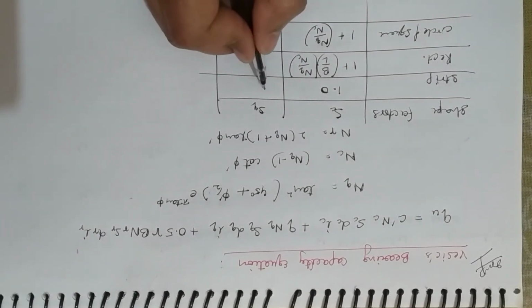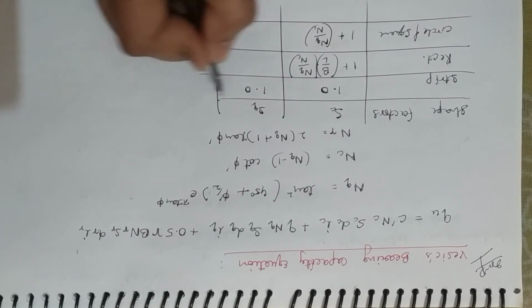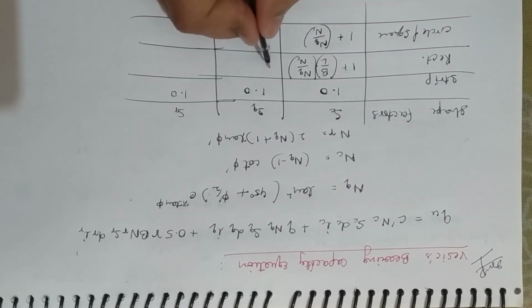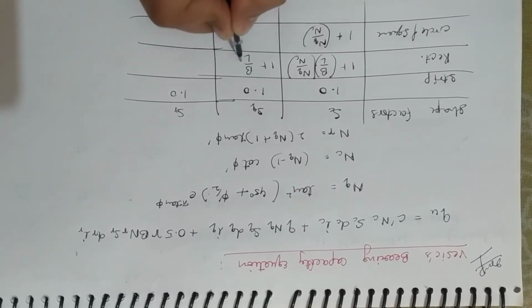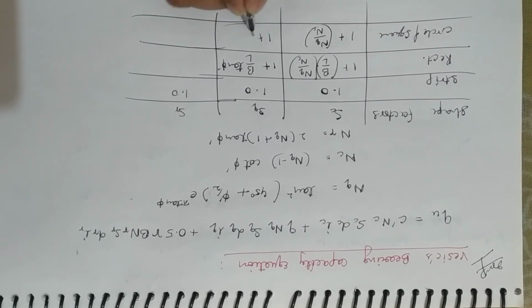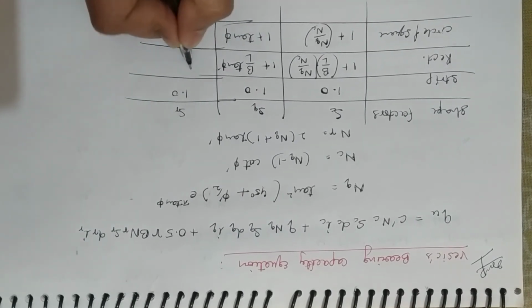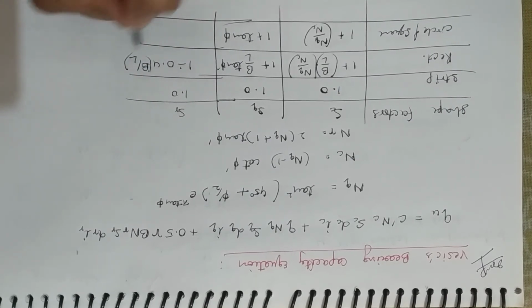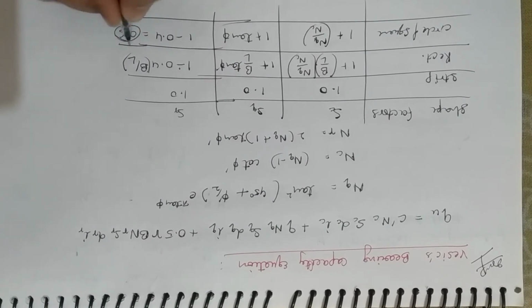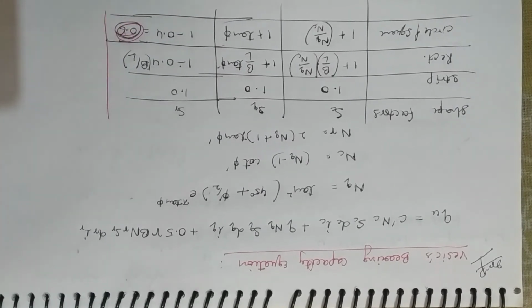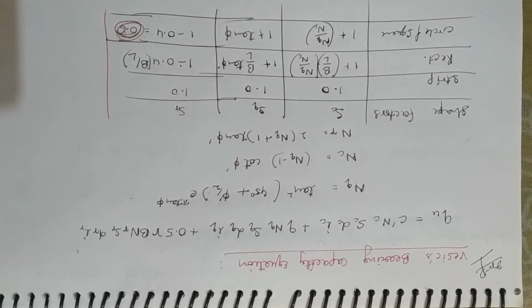SQ is 1.0 for strip, and 1 plus B by L tan phi, that is 1 plus tan phi, for the others. S gamma is also 1.0 for strip, and 1 minus 0.4 B by L, that is 1 minus 0.4, that is 0.6. So these are the shape factors.